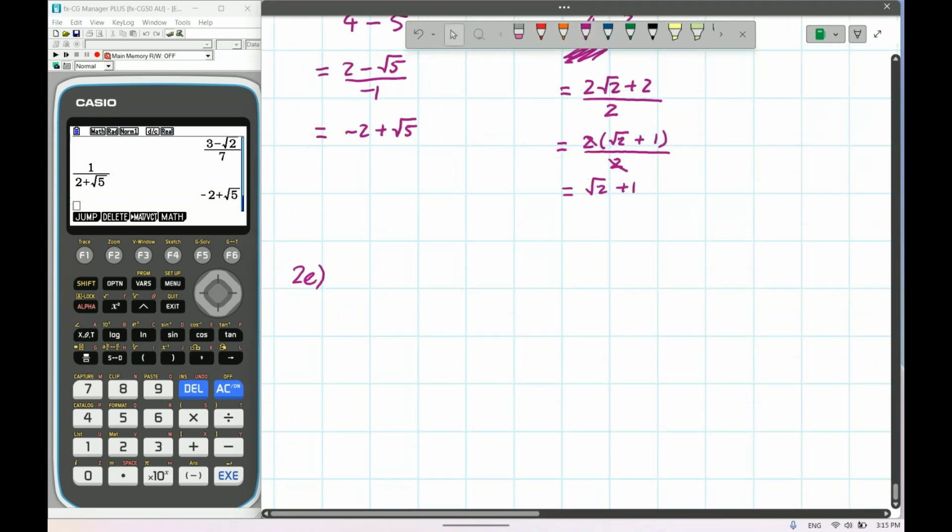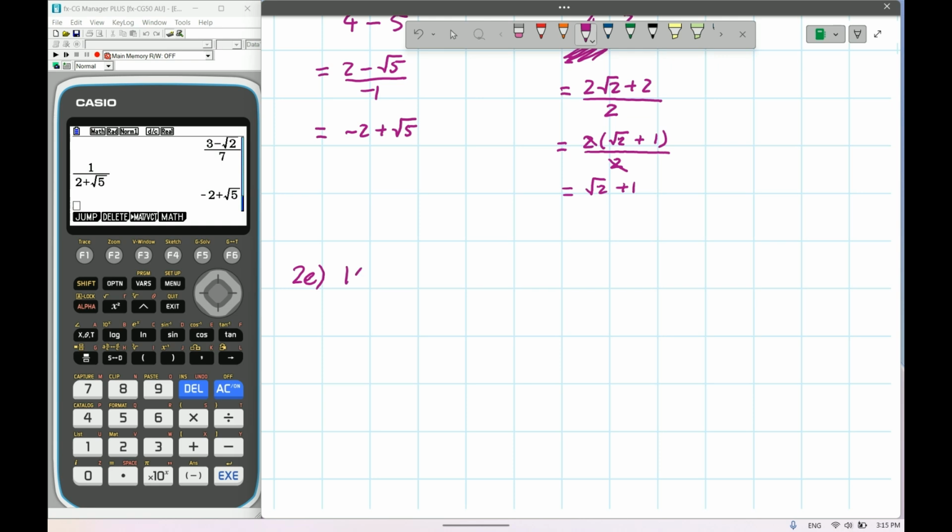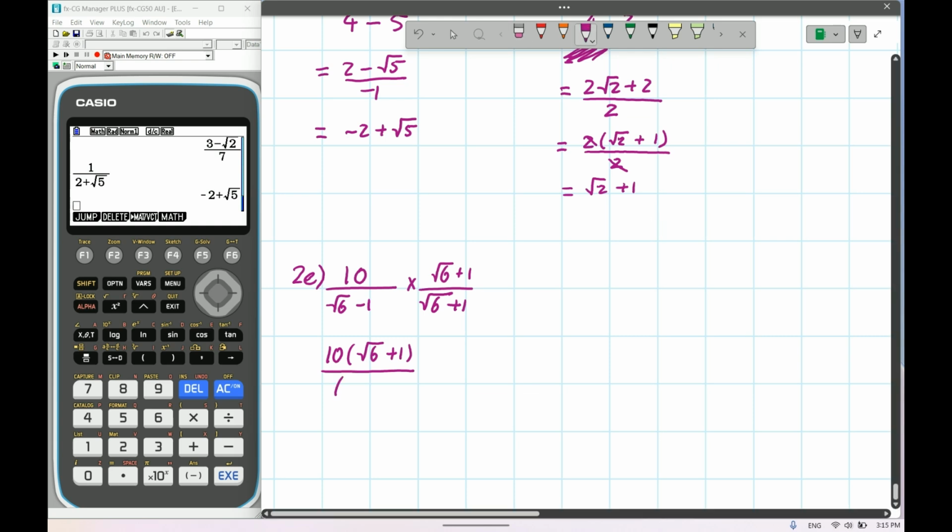So e, you're looking at 10 over square root 6 minus 1, multiply that by root 6 plus 1, my apologies. So you got 10 brackets root 6 plus 1. Root 6 times root 6 is 6, 1 times 1 is 1, so it's a minus 1.